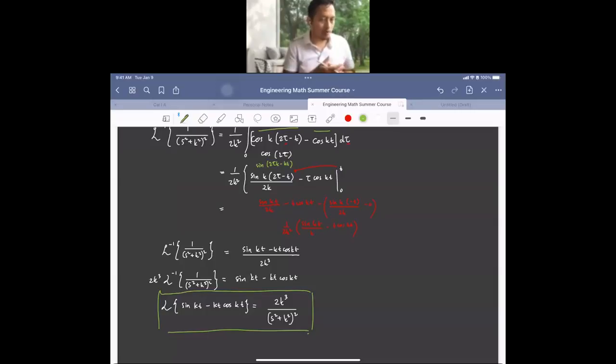Okay, one more on the convolutions is about the integral, the transformation of the integral.